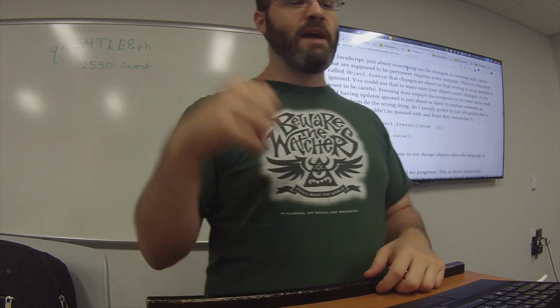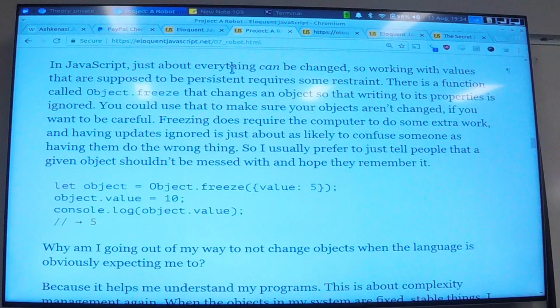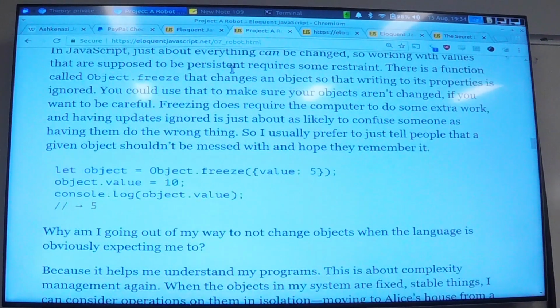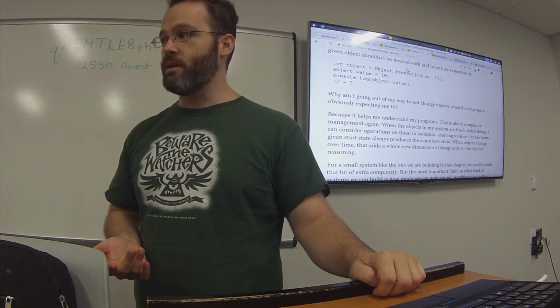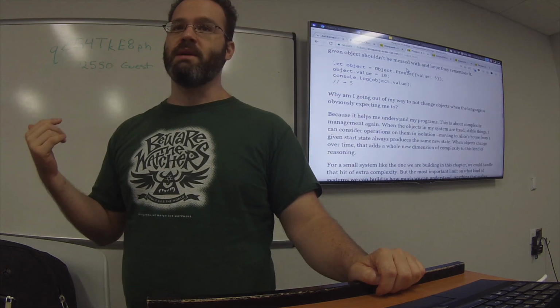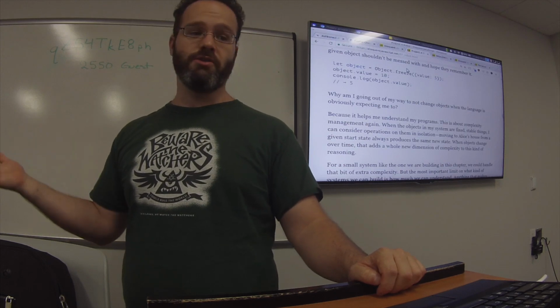Okay. So now they go into a quick little side note about object.freeze. That's an important side note, but they don't use it anywhere. It's really weird. But yes, you can freeze an object in JavaScript. You call object.freeze and it makes subsequent calls to set properties not do anything.